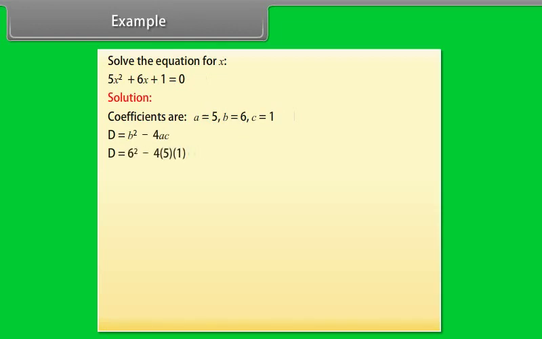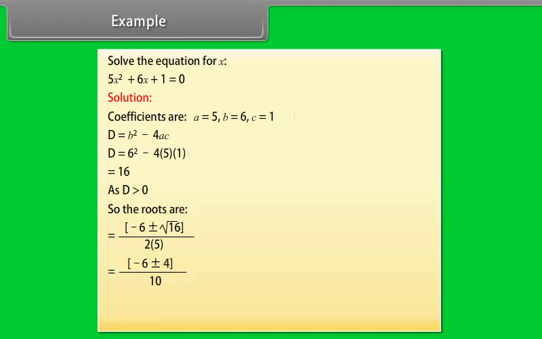D = 6² − 4 × 5 × 1 = 16. As D > 0, the roots are x = (−6 ± √16)/(2 × 5) = (−6 ± 4)/10. On solving, we get x = −1 and −0.2.